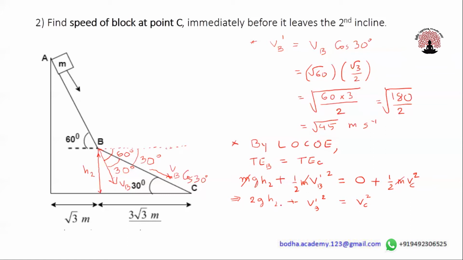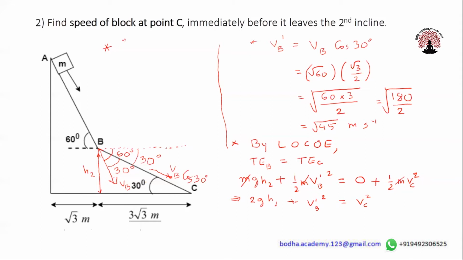We are supposed to find h2. From this triangle, tan 30 degrees is equal to opposite side by adjacent side.